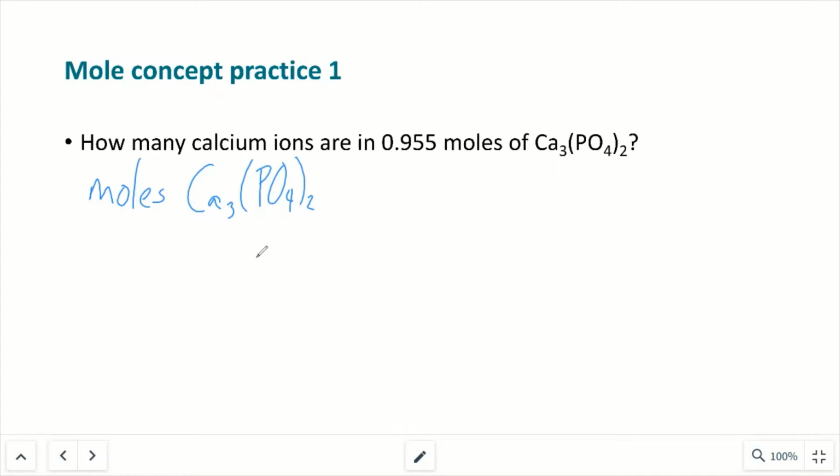We can turn this moles of calcium phosphate into moles of calcium just by using that chemical formula. And then once we have the moles of calcium, turn that into ions of calcium using Avogadro's number.